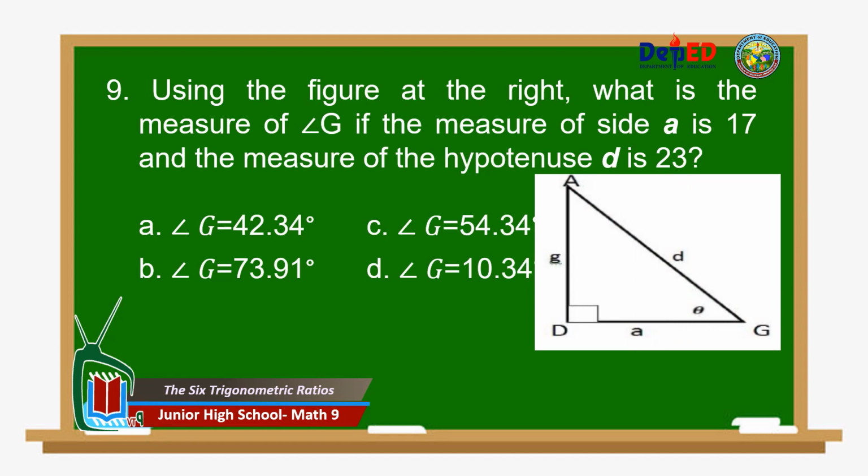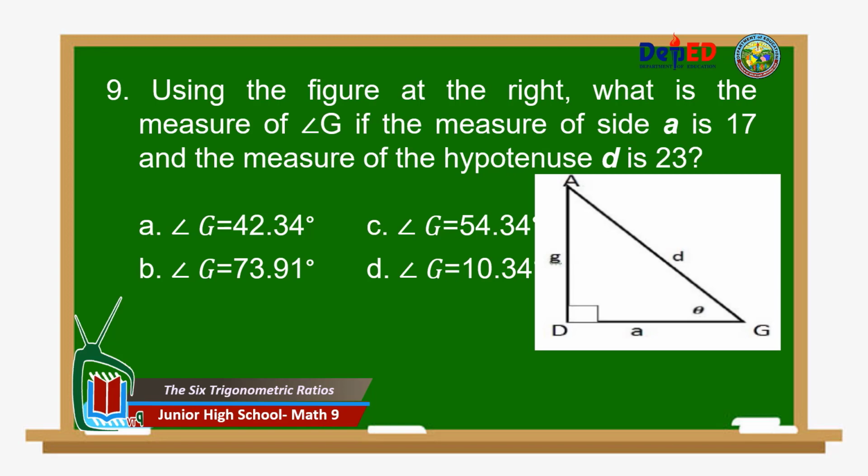Using the figure at the right, what is the measure of angle G if the measure of side A is 17 and the measure of the hypotenuse D is 23? A. Angle G is equal to 42.34 degrees. B. Angle G is equal to 73.91 degrees. C. Angle G is equal to 54.34 degrees.